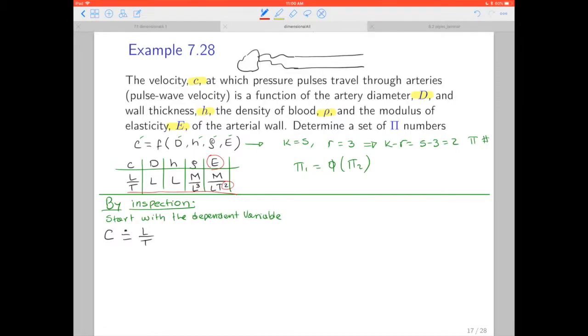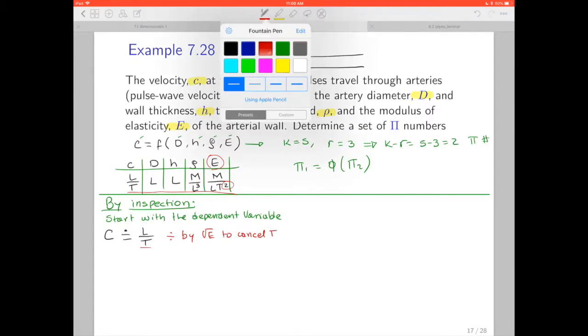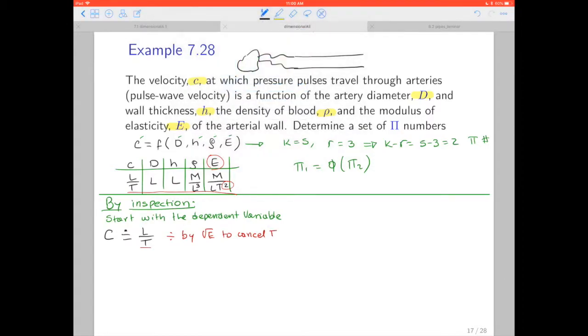So we need the square root of E, because it's in the denominator, and also in C time is in the denominator, so we need to divide C by the square root of E in order to cancel T. So let's do it.